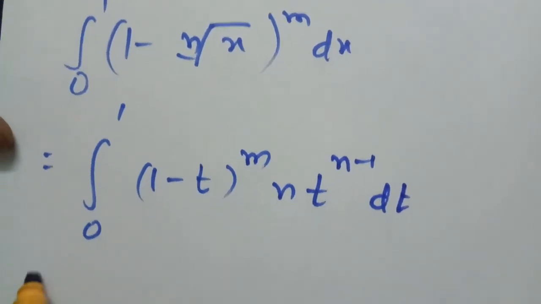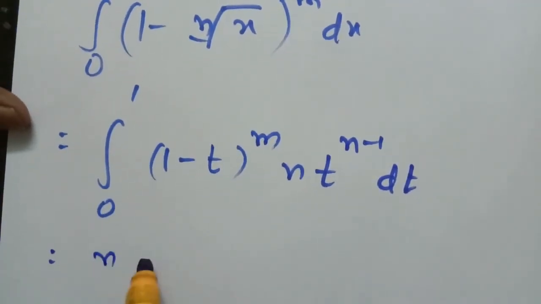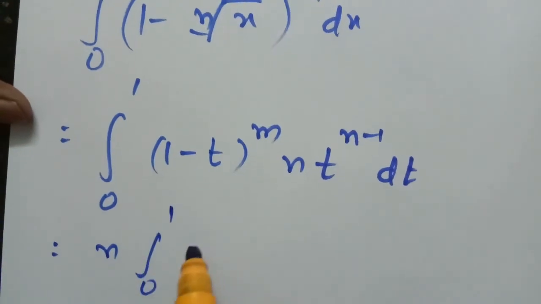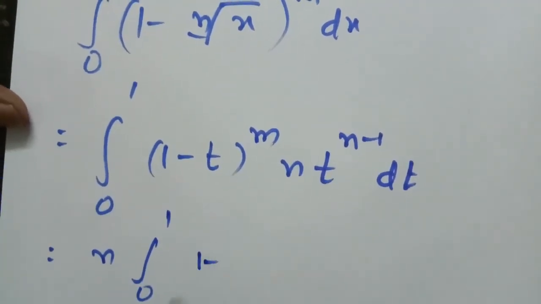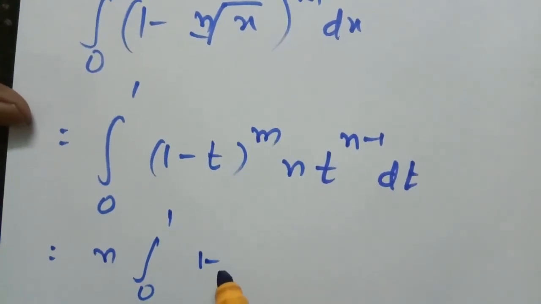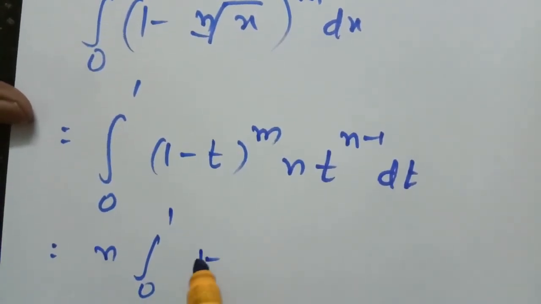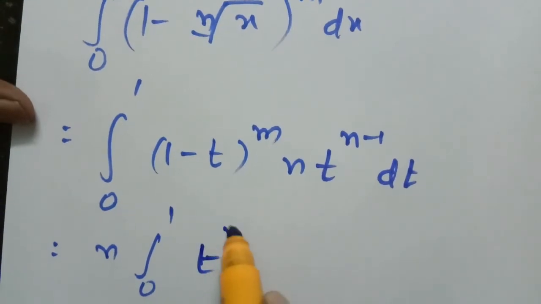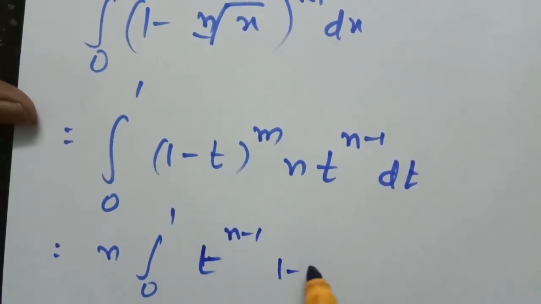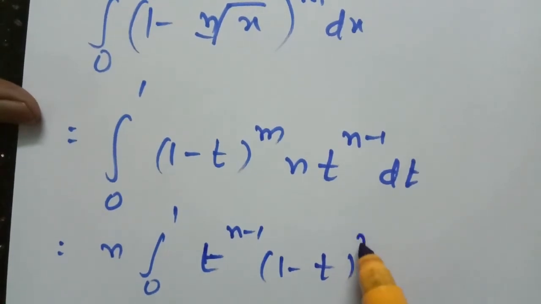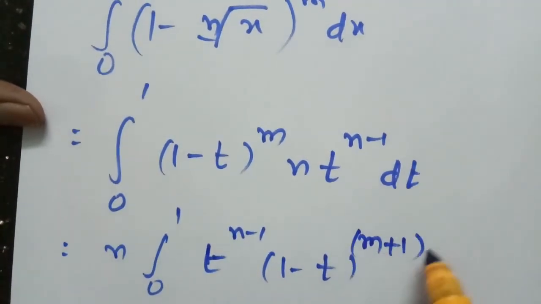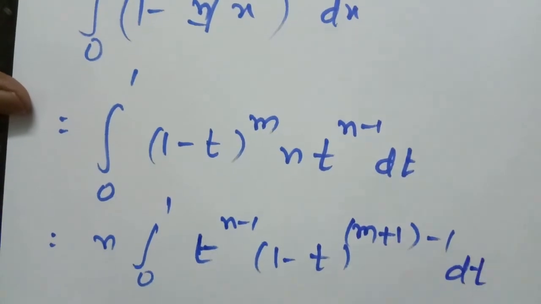Therefore, this is equal to n into integral 0 to 1 (1 minus t) whole to the power of m into t to the power of n minus 1 into (1 minus t) whole to the power of, this can be written as m plus 1 minus 1 into dt.